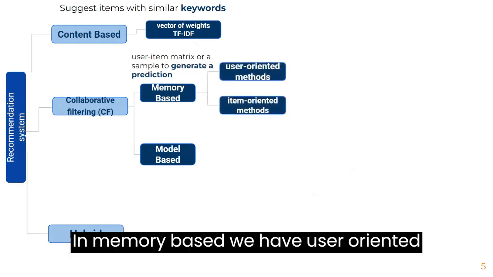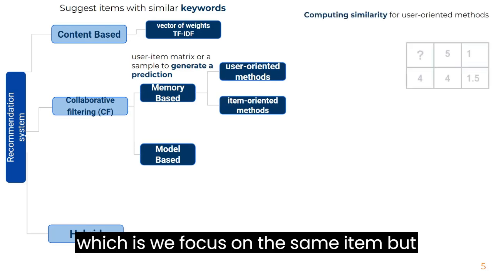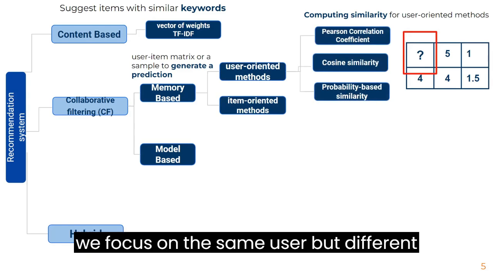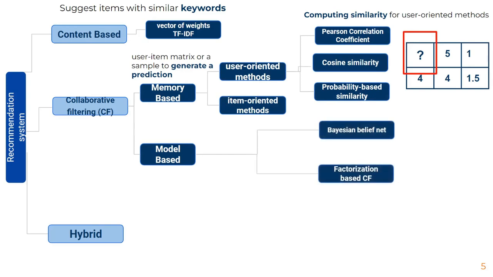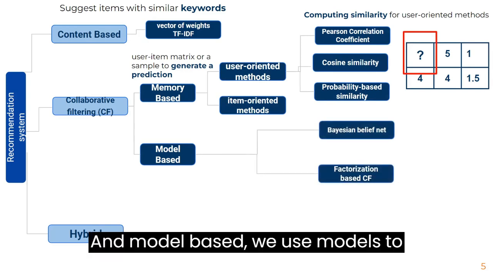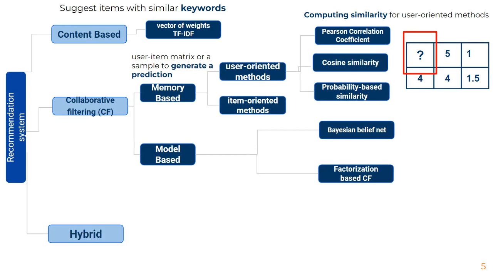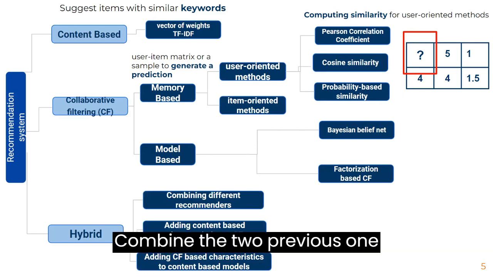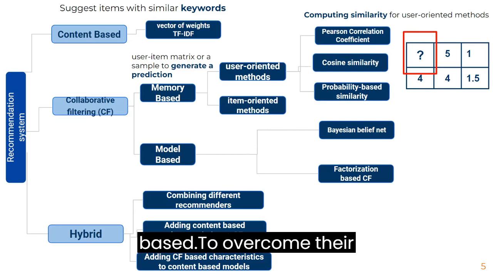In memory-based, we have the user-oriented method, where we focus on the same item but different users. In the item-oriented method, we focus on the same user but different items. Back to model-based: we use models to generate the rating by applying data mining and machine learning algorithms. Finally, the hybrid, which combines the two previous ones, collaborative filtering and content-based, to overcome their weaknesses.